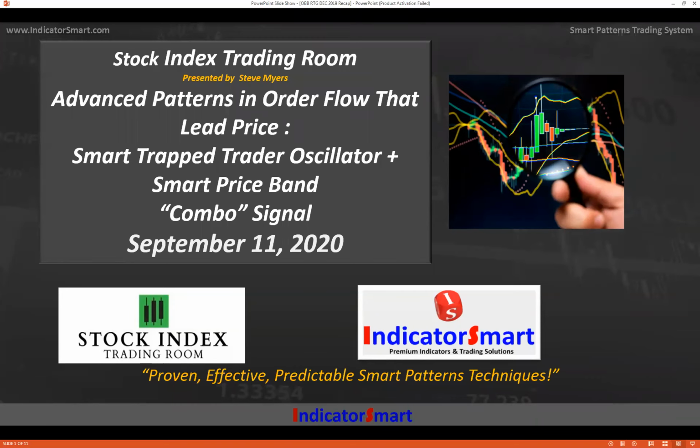We're going to use Smart Trap Trader Oscillator that gives us really nice reads of order flow that lead price. And then we're going to add a trend identifier, Smart Price Band, that's unique, and I'll share a bit with you in a minute about that, and how we come up with this signal.